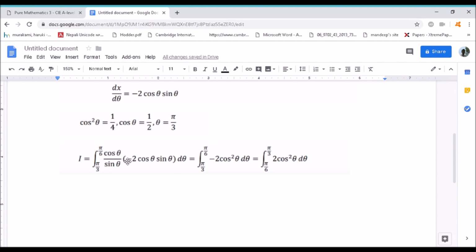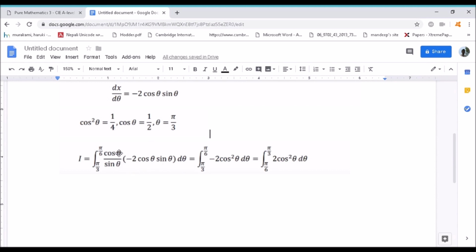So cos theta divided by sin theta times minus 2 cos theta times sin theta d theta. We replace dx by minus 2 cos theta sin theta d theta. So this d theta goes to the right hand side by cross multiplication, and dx equals minus 2 cos theta sin theta d theta.